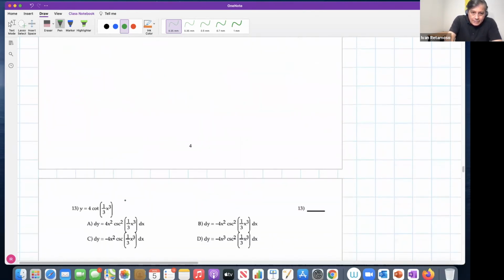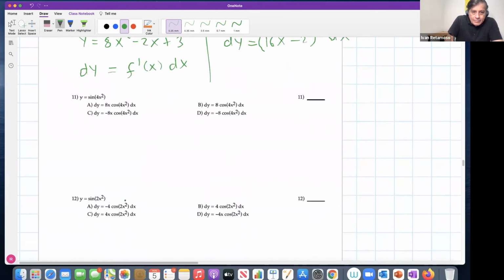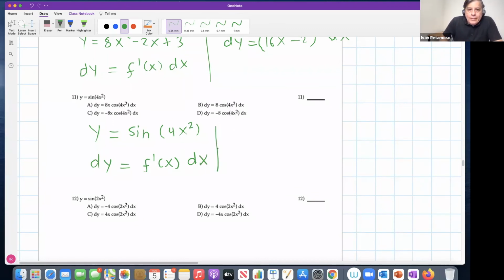So there's a bunch of them. Let's say they give you something with trigonometric functions, a composition of a trigonometric function with a quadratic function. Not a problem because, again, dy equals f prime of x dx, right? So basically, you just have to focus on taking the derivative of this.